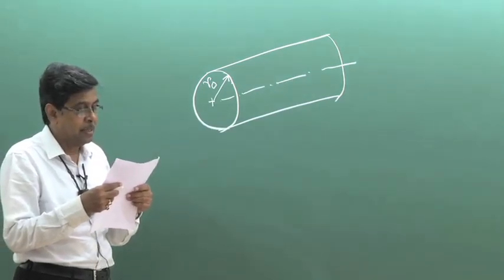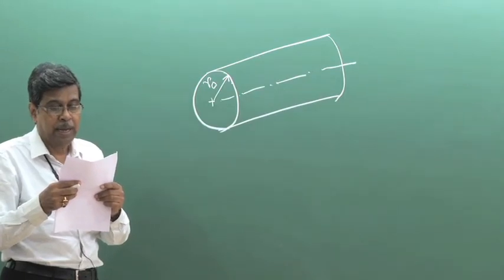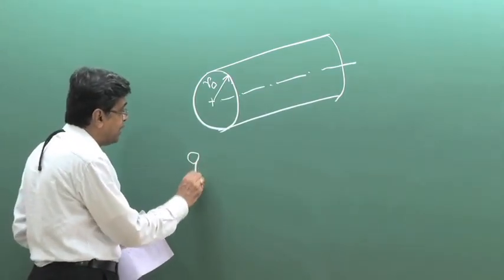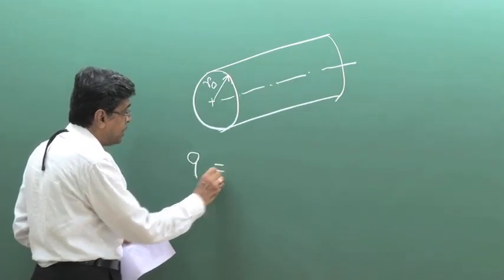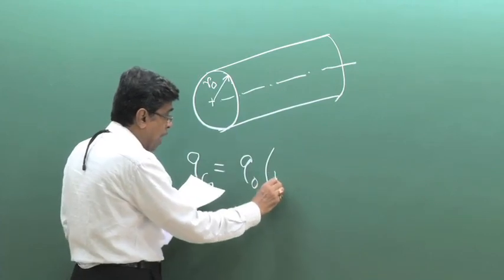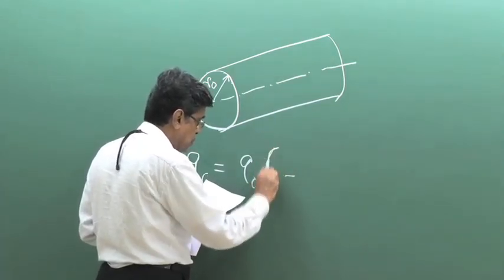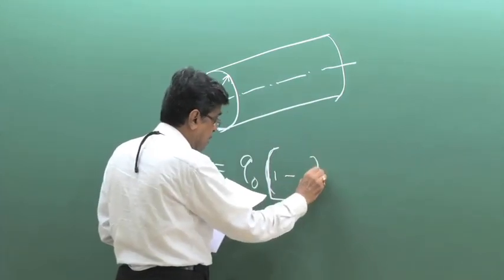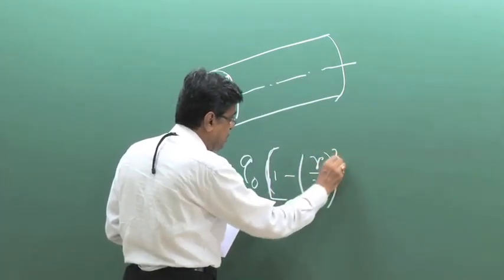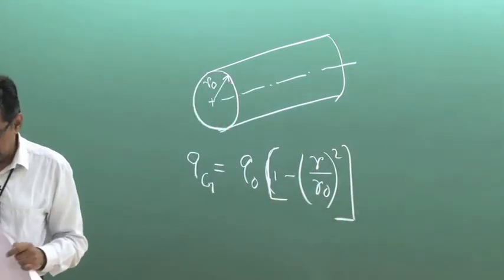The wastes generate thermal energy non-uniformly according to the relation that the volumetric energy generation rate at a point is given by Qg equals Q0 into 1 minus (r by r0) square, where Q0 and r0 are constants.